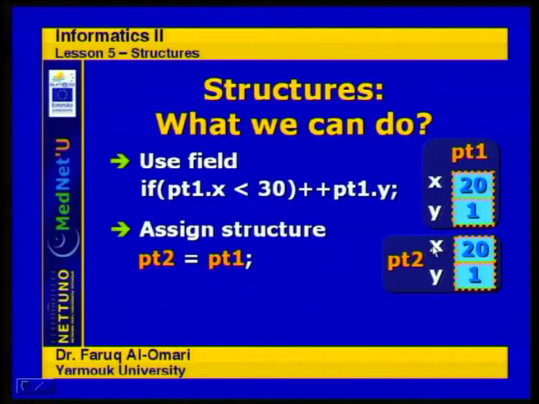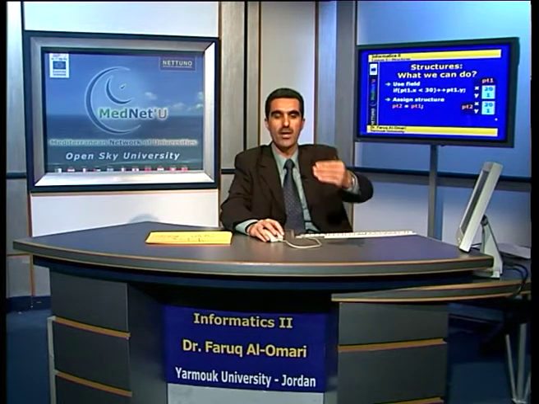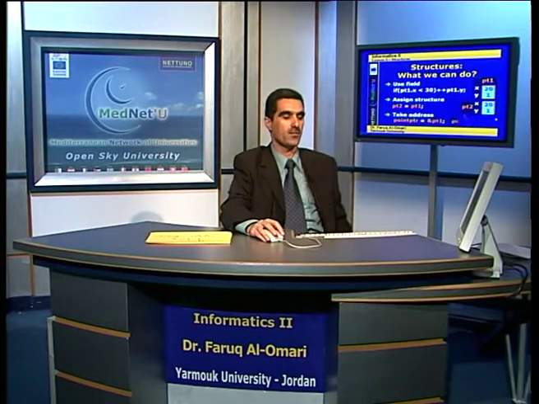So the x member of pt2 equals the x member of pt1, and same thing for the y members. So pt2.x equals 20, pt2.y equals 20. That's like copying a record from one place to another place.